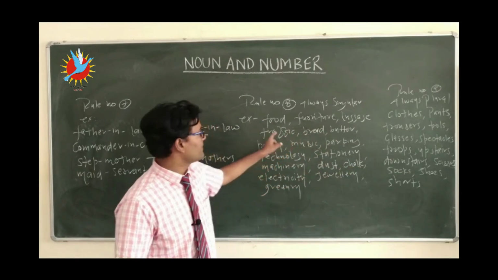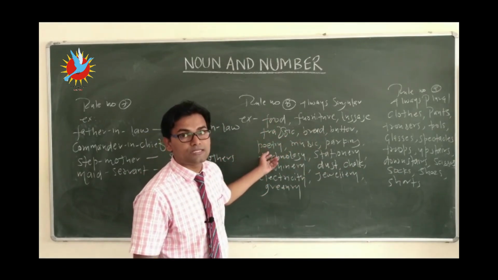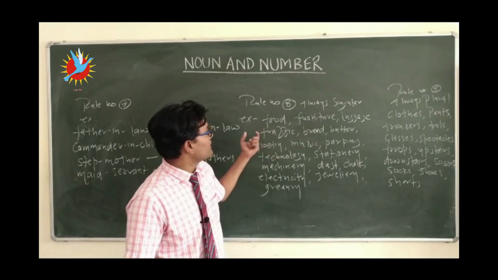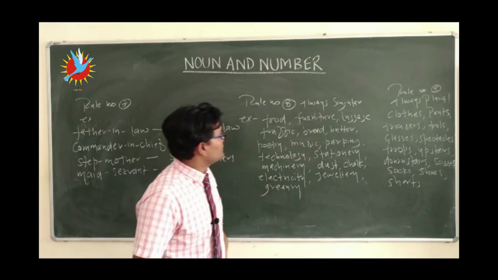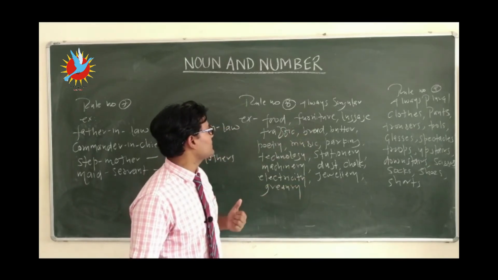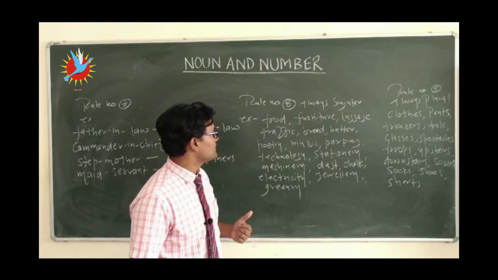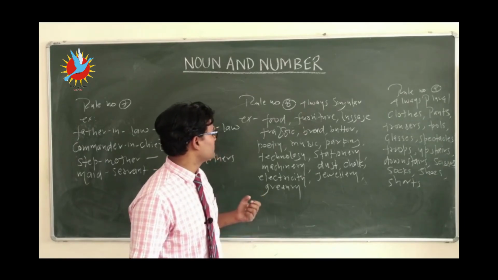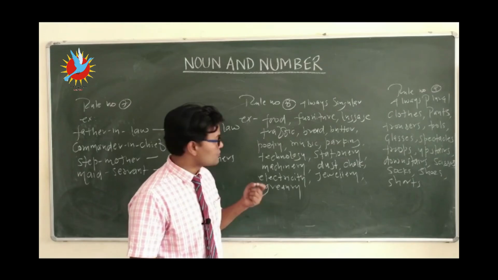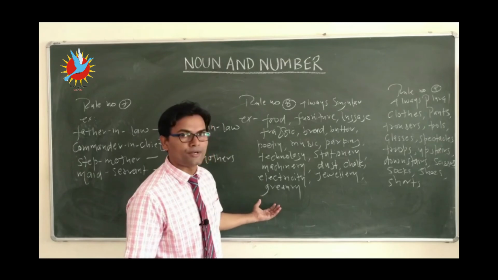Just remember, food, you cannot write foods. It would be singular always. Like furniture, luggage, traffic, bread, butter, poetry, music. Okay, parking, technology, stationery, machinery, dust, chalk, electricity, jewelry, and greenery, and many more.